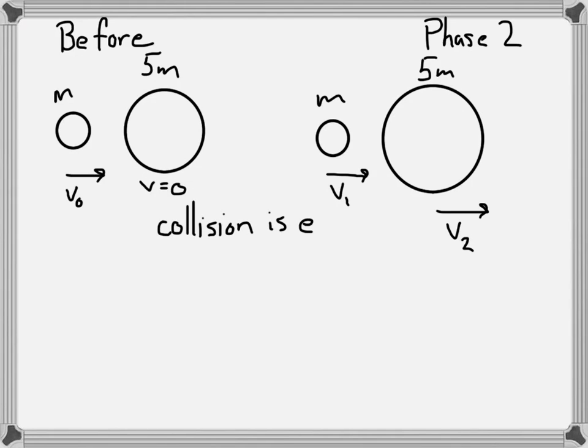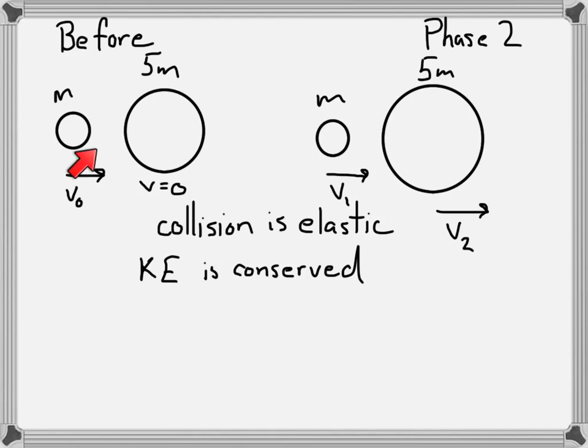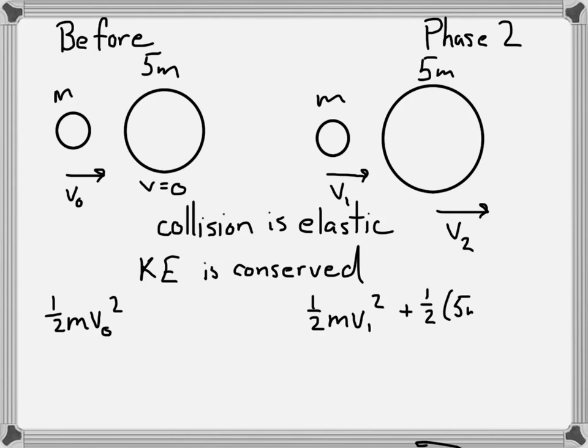And now, because the collision is elastic, we are going to be dealing with kinetic energy conservation. So the total kinetic energy before the collision is going to be 1/2 mv naught squared. And the total kinetic energy after the collision is going to equal 1/2 mv1 squared plus 1/2 times 5m times v2 squared.